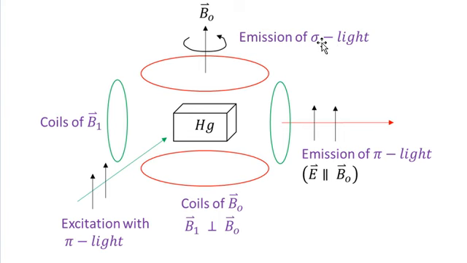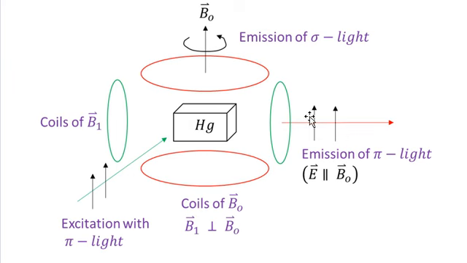The sigma light has an electric field perpendicular to the direction of the magnetic field B naught, whereas the pi light has an electric field parallel to the direction of the magnetic field B naught.